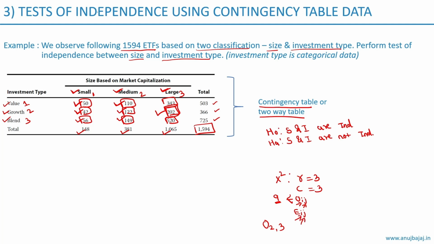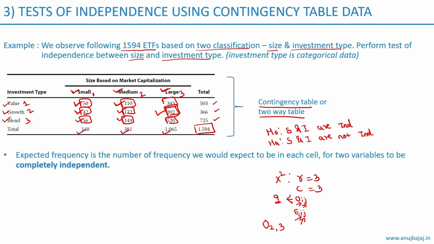So what is the expected frequency? Expected frequency is the frequency that should be there in each cell for the two variables to be completely independent.